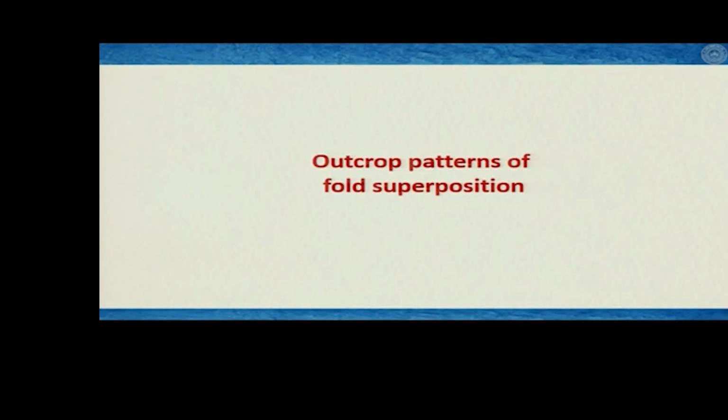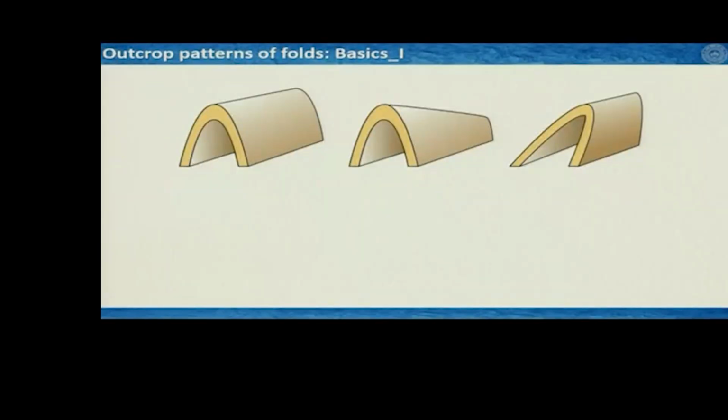Now let us talk about the outcrop patterns of fold superposition. But before we jump into the actual topic, let us understand what we mean by outcrop patterns. Now we have seen all these kinds of folds. Actually we have seen many different geometries. In all these 3 folds that we see here in this slide, these are all antiforms, and this is an upright fold.